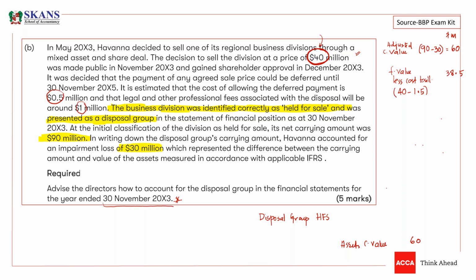Held for sale value should be the lower of the two, whichever is lower, guys, 38.5. And you need to recognize an impairment loss. How much impairment loss? Obviously, the balancing figure. The additional impairment loss that you need to book is 21.5. This is an impairment loss as per IFRS 5 and it should be charged to profit and loss.